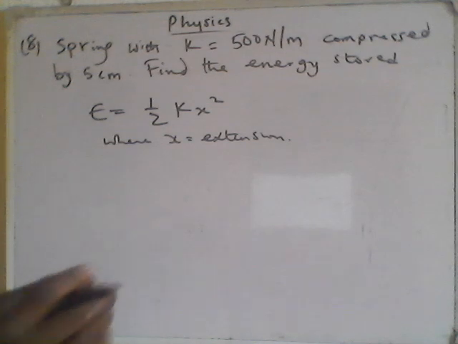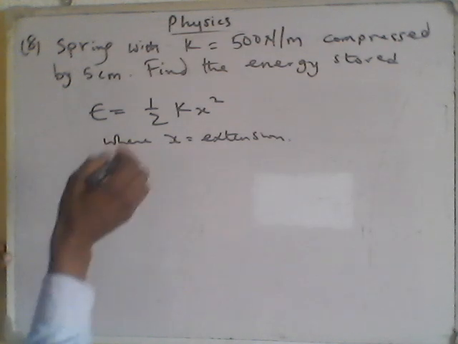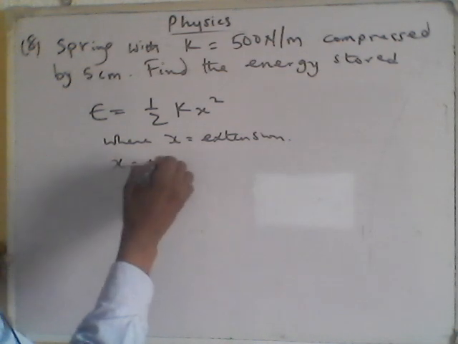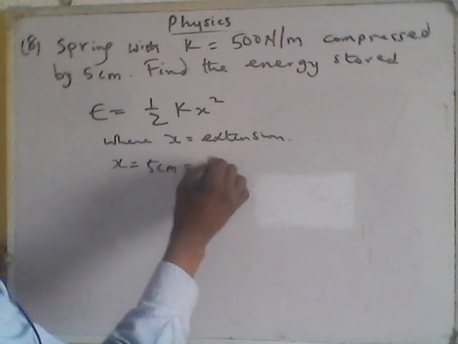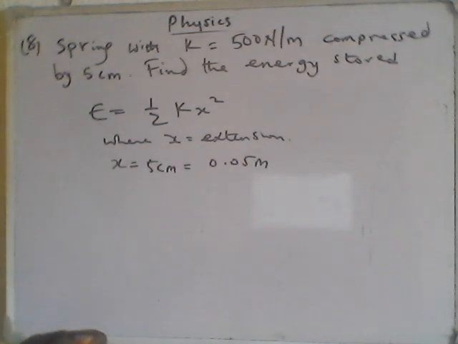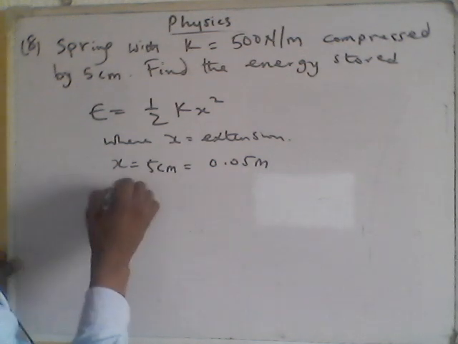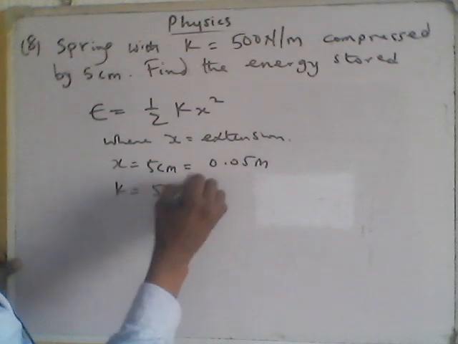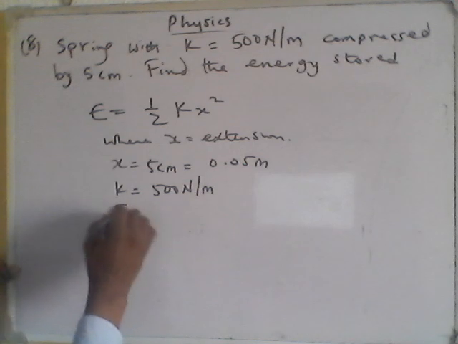So what is x in this scenario? x is 5 cm or 0.05 meters, and we're given K as 500 Newton per meter. So just plug into the equation.